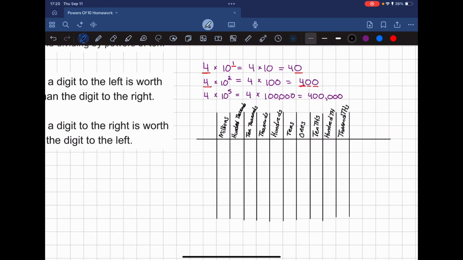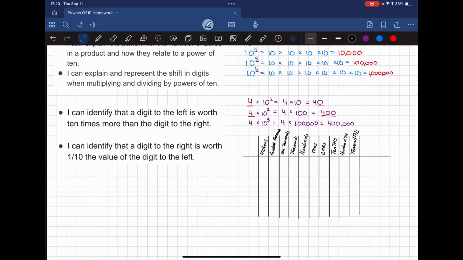Okay, so I have my chart drawn here, very makeshift, okay?